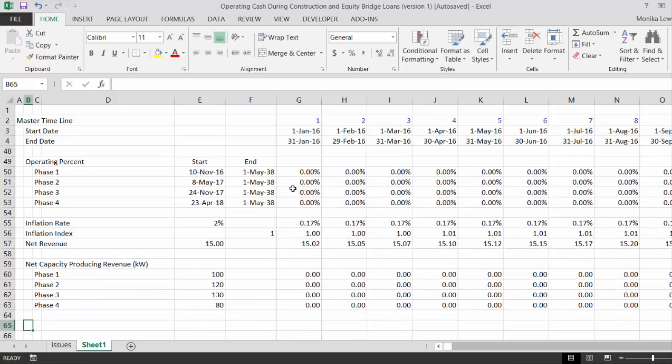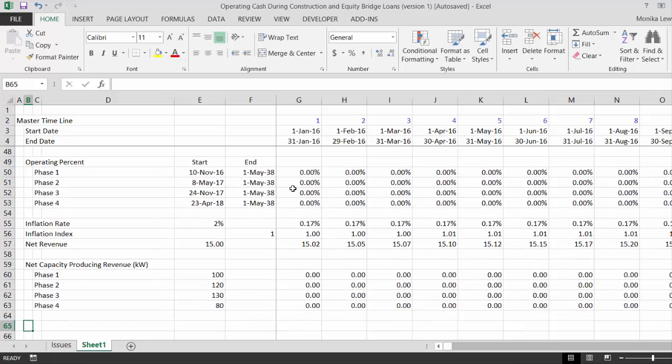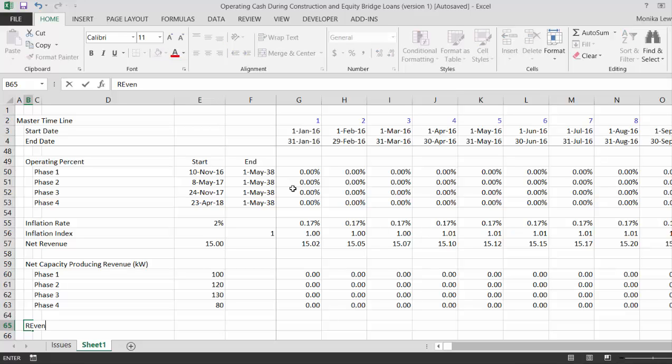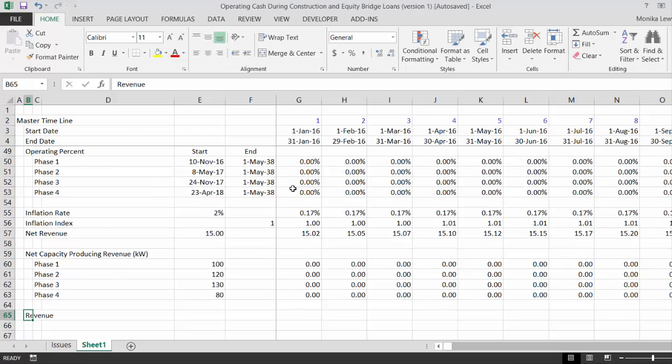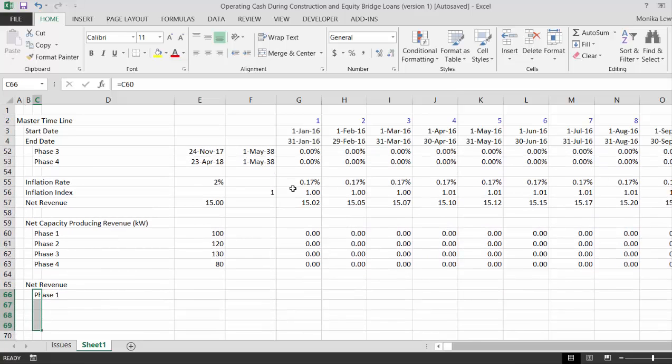Now, we're going to split these revenues. Let's put net revenue. After we put this net revenue in, we're going to split it between the revenue you earn pre-COD and after COD.